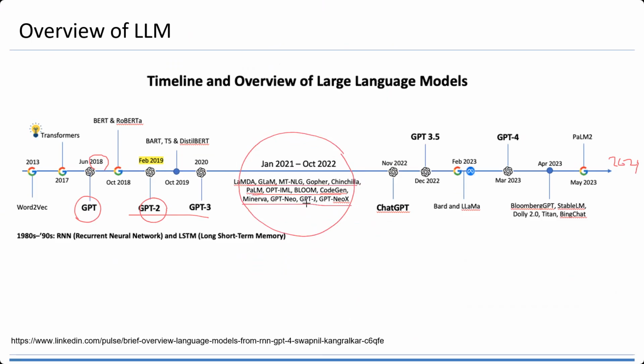Fine tune means they have GPT and they fine tune it to a new purpose, and they call it GPT Neo. They use GPT and fine tune it to a new purpose, they call it GPT-J. They have GPT and use fine tuning to make a new pre-train, they call it GPT-NeoX, and so on. So nowadays there are so many extensions of GPT and many extensions of BERT, and actually we can just reuse them if we want to do some tasks.